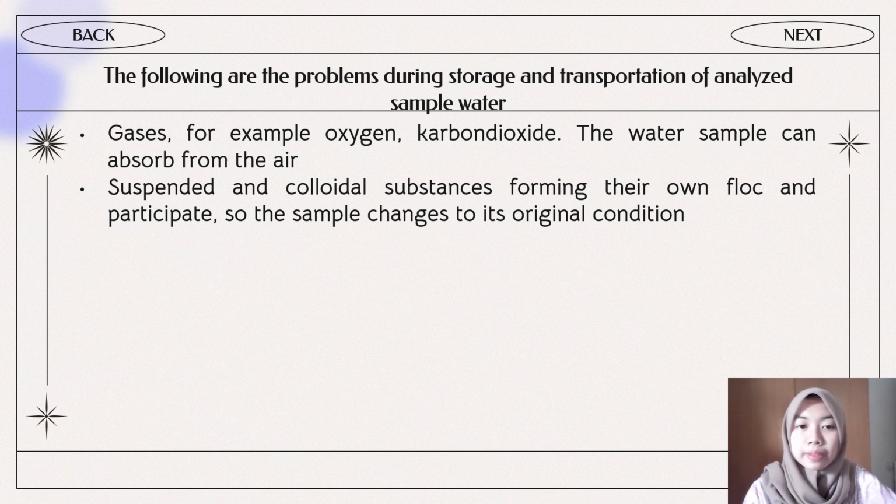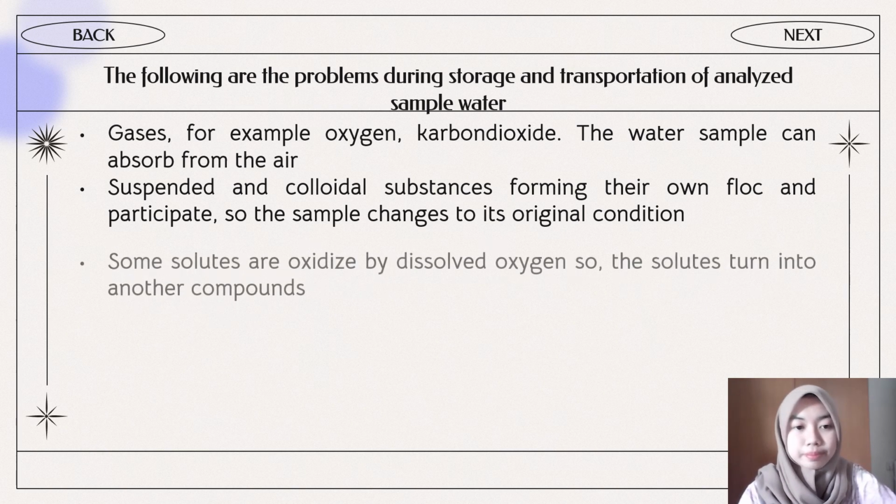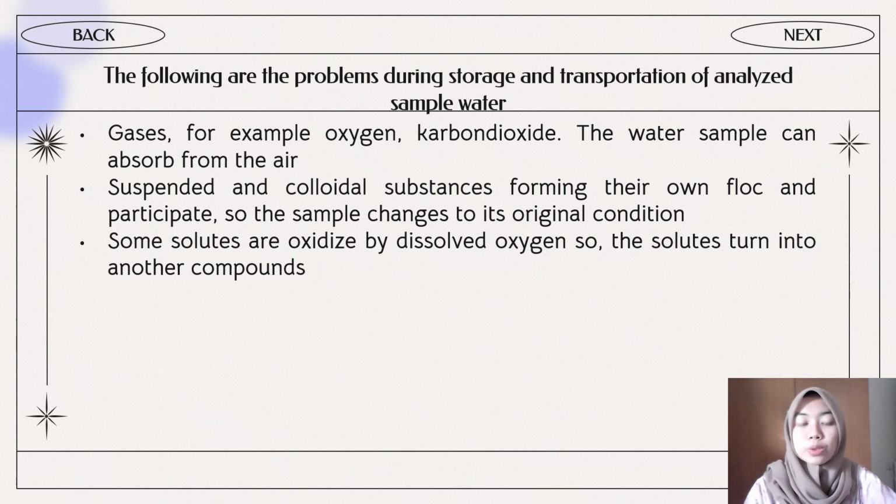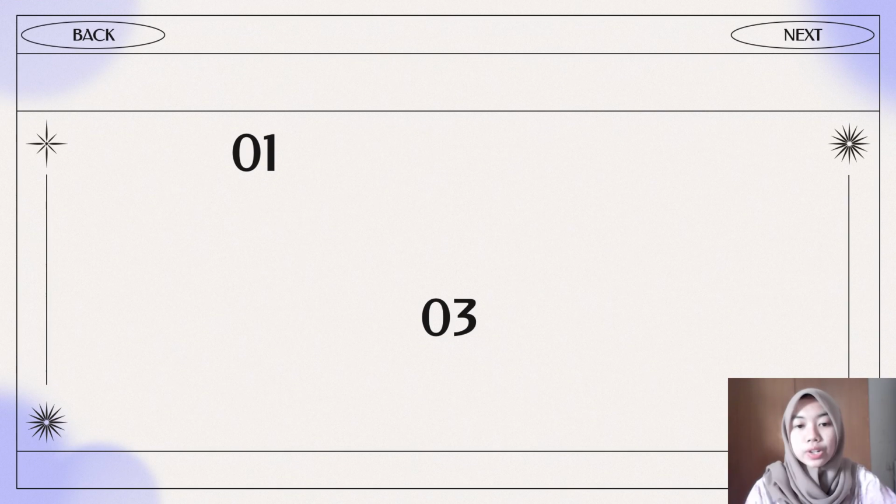Second, suspended and colloidal substances form their own flocs and precipitate, so the sample changes from its original condition. The third, some solutes are oxidized by dissolved oxygen, so the solutes turn into other compounds. Okay, so the next slide.